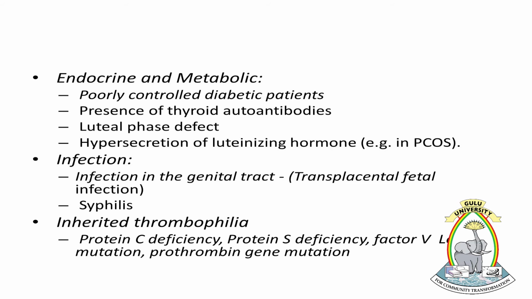Like in a patient who has poorly controlled diabetes, they are more likely to have recurrent pregnancy loss. Thyroid problems, we already said luteal phase defects is one of them. And then polycystic ovarian syndrome, here abbreviated as PCOS, is also very key in causing recurrent pregnancy loss.